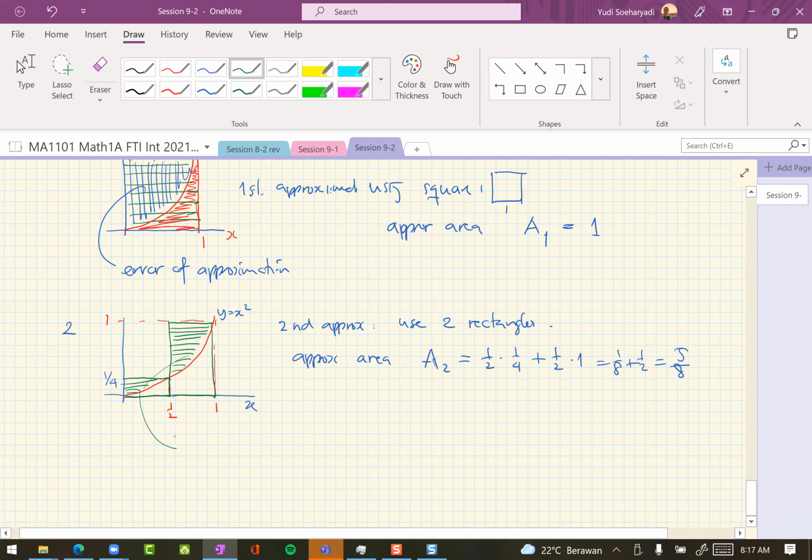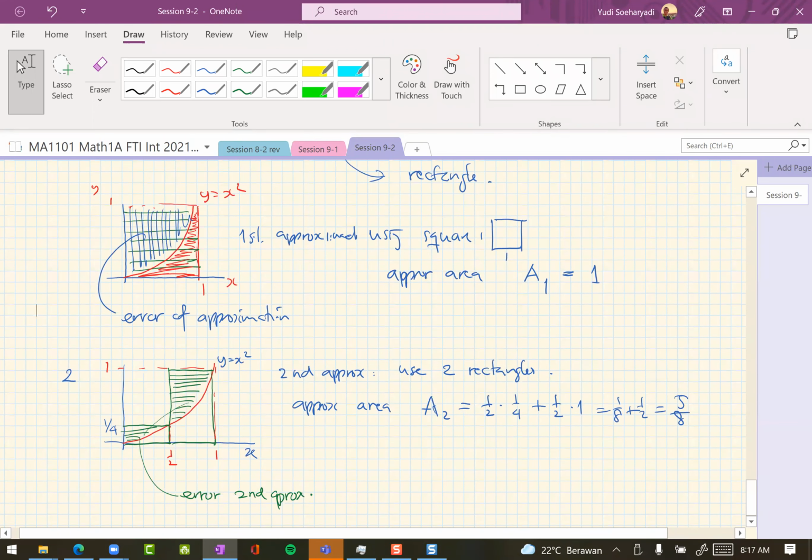That's the error of the second approximation. Can you compare to the first one? Which approximation is better?